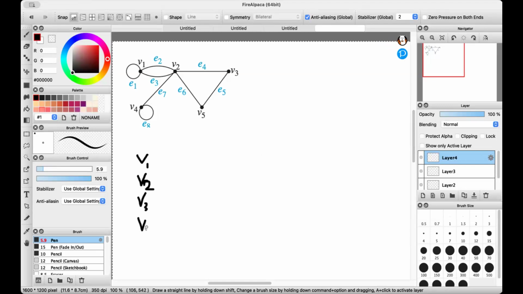V3, V4, and V5. And then my columns are supposed to be my edges. So you have to label all the edges from E1 to E8 for your columns. Oh, sorry, E3, E4.